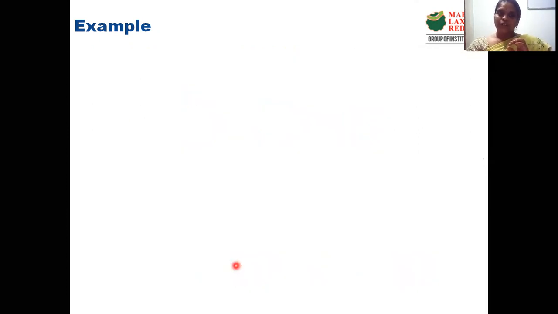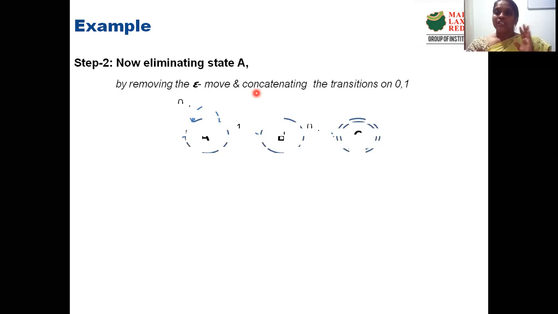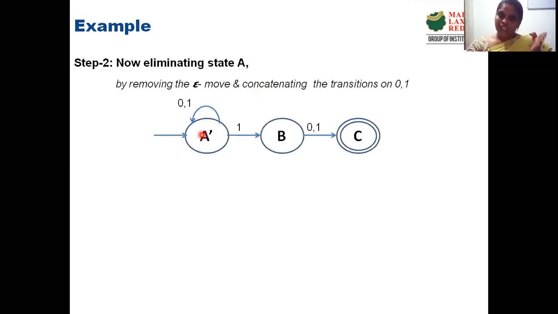So let us have a look at the next step, which is eliminating the state A by removing the epsilon move. After removing the epsilon move, we have to concatenate the transitions on 0, 1 onto the state A dash.